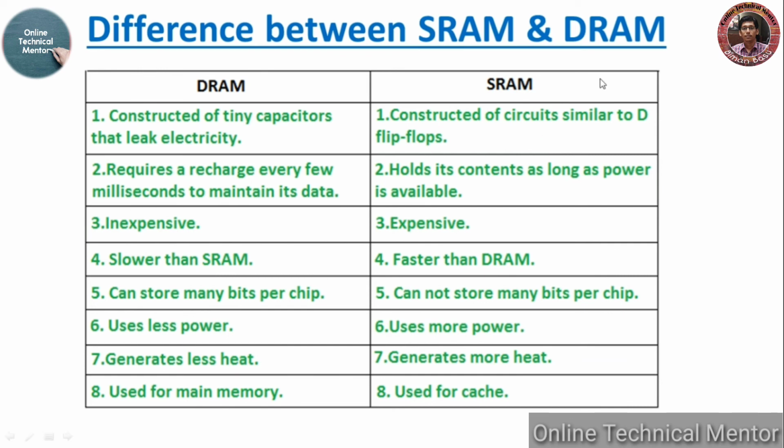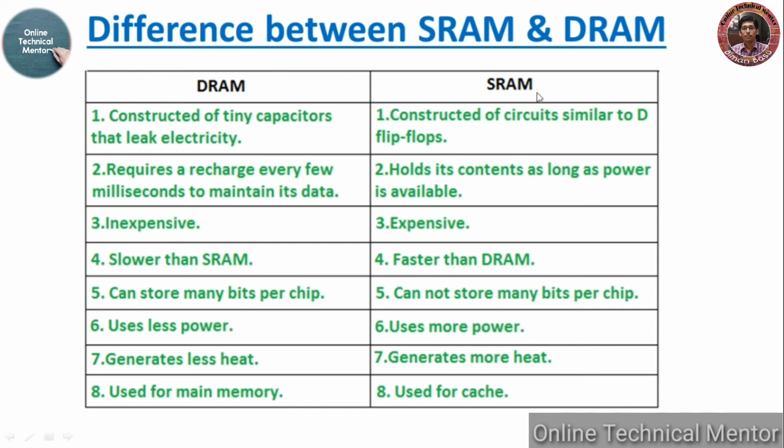So SRAM is designed with that flip-flop. DRAM requires a recharge every few milliseconds to maintain its data. Since it stores data in a capacitive way, it requires a refresh or a recharge after a certain interval of time. In case of SRAM, it holds its content as long as power is available.